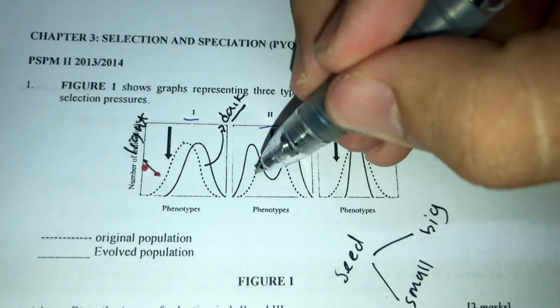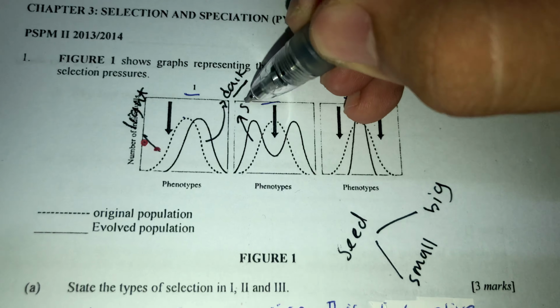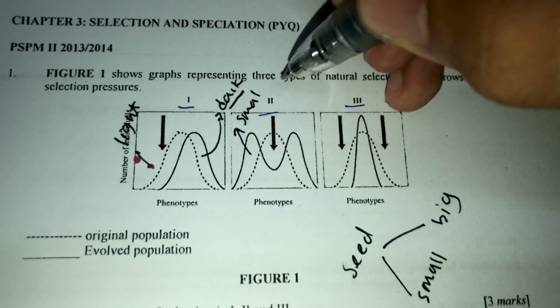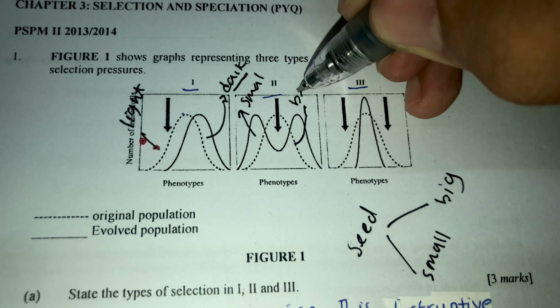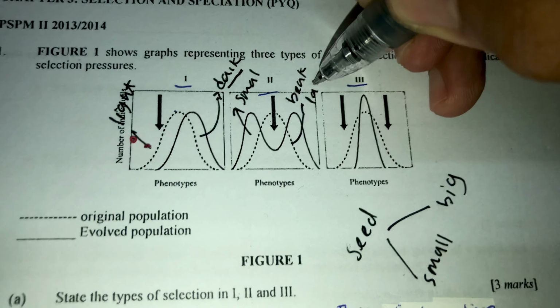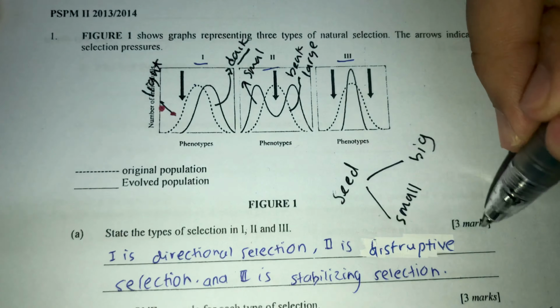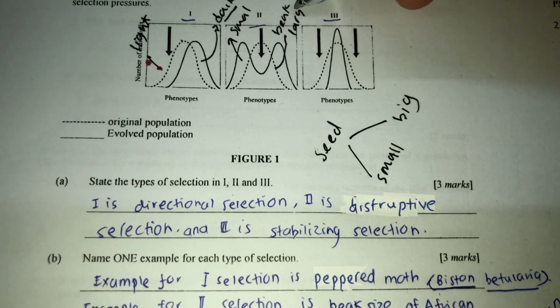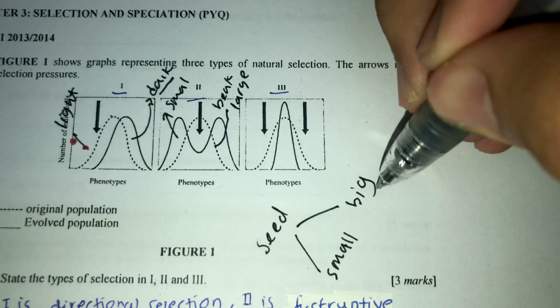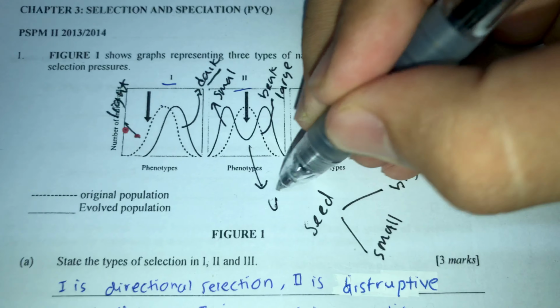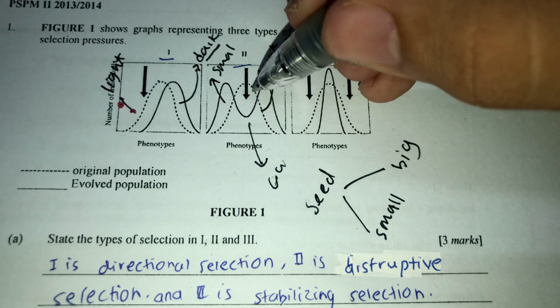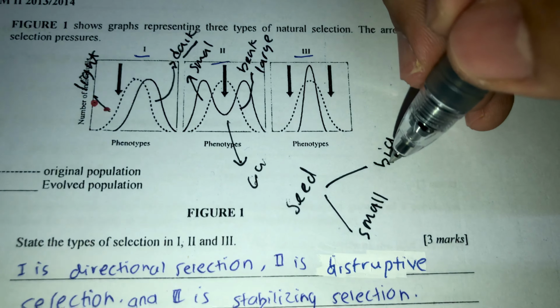So the extreme phenotypes are the small-billed finch and the big-billed finch. The small one can eat the small seed and the big one can eat the large seed. The intermediate one can't eat either of them, so the survival rate is decreased.